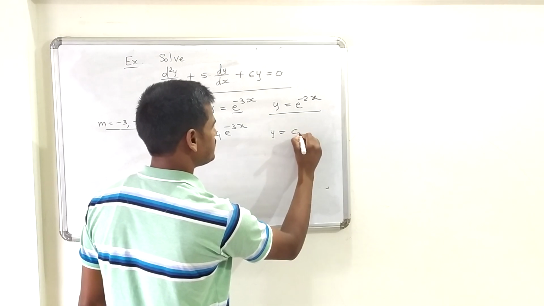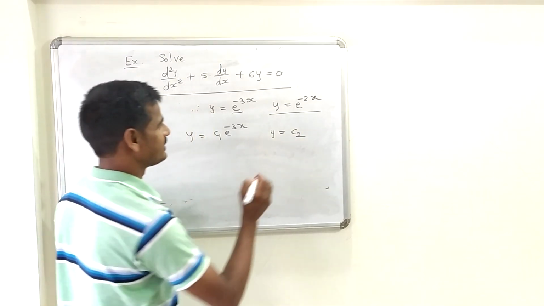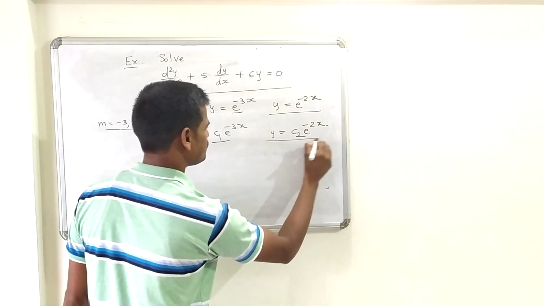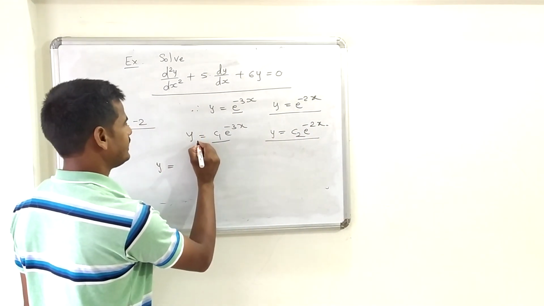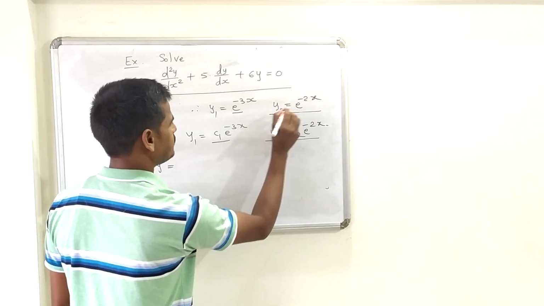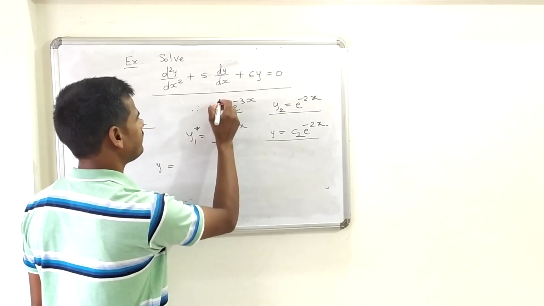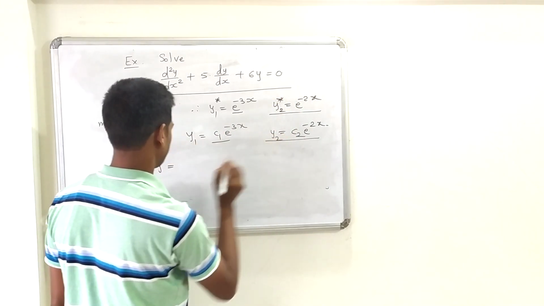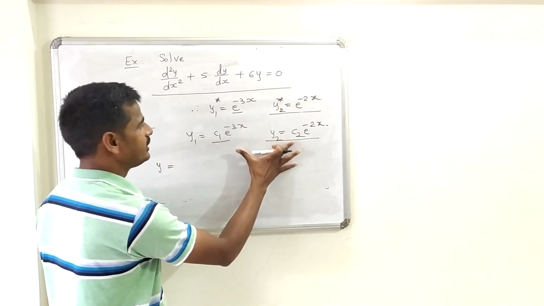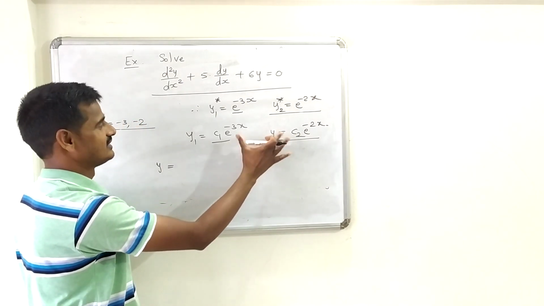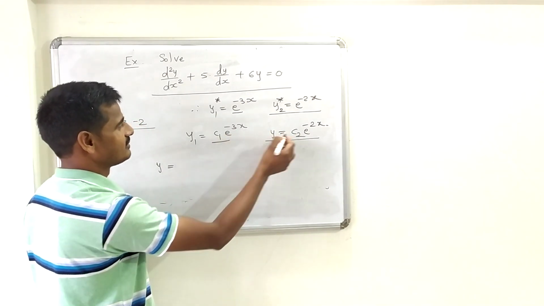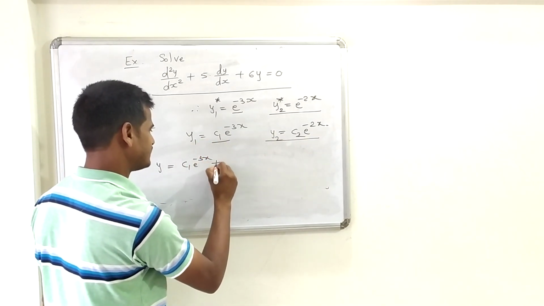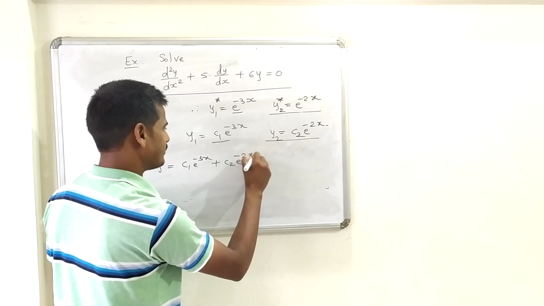Moreover, y is equal to c1 and c2, which are any two arbitrary constants, times the two solutions, and we add these two. So y is equal to a linear combination of these two solutions, so c1 e to the power minus 3x plus c2 e to the power minus 2x.